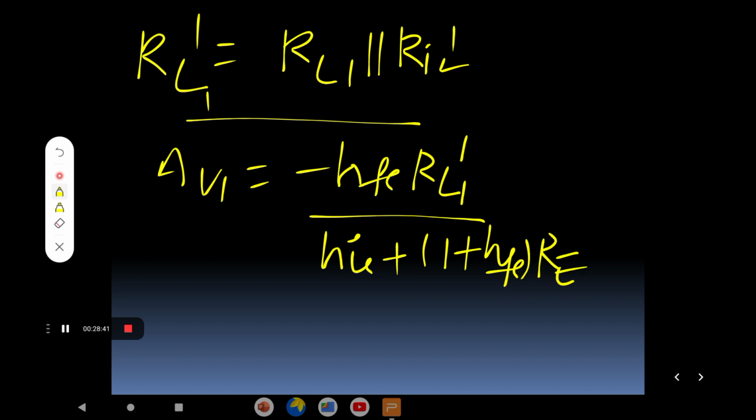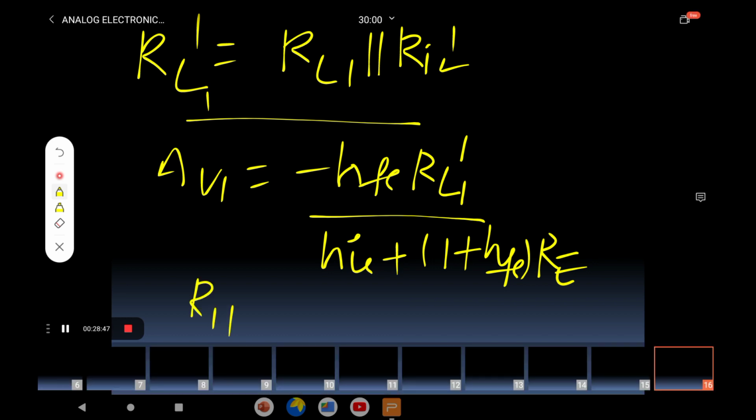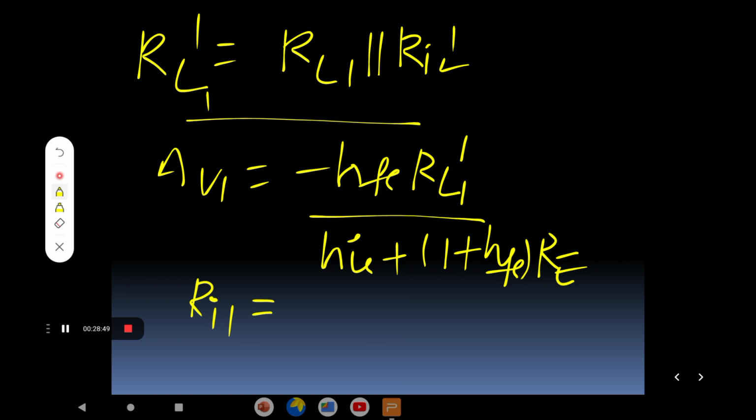Okay, then you will get the value of AV1. At the same time, Ri1, the input resistance, is equal to, what is the value? HIE plus 1 plus HFE into RE. Sorry, that is nothing but the second value.